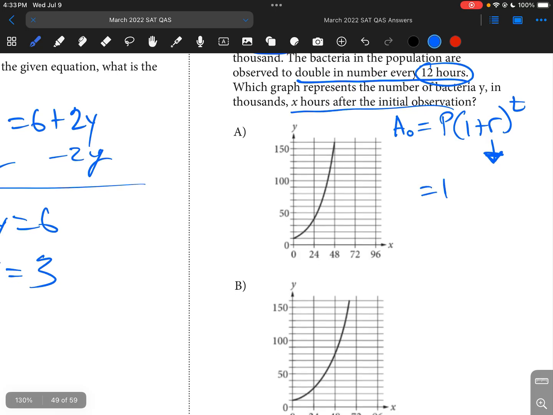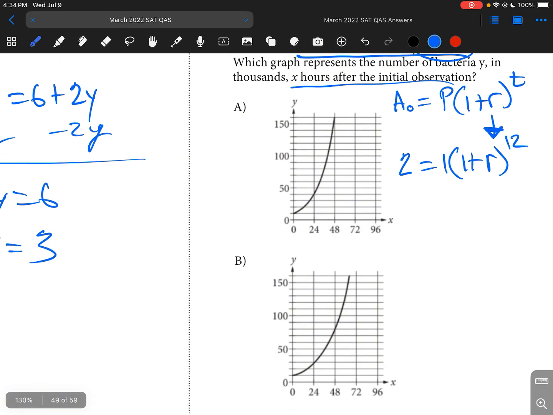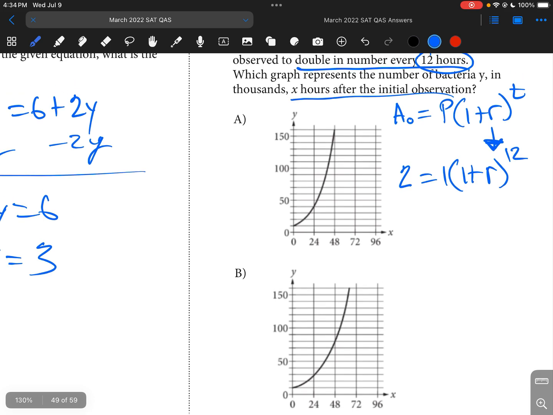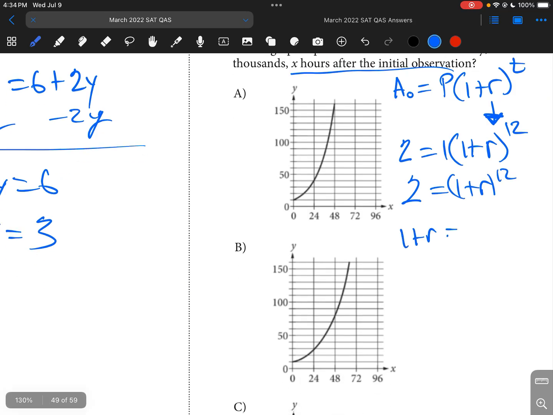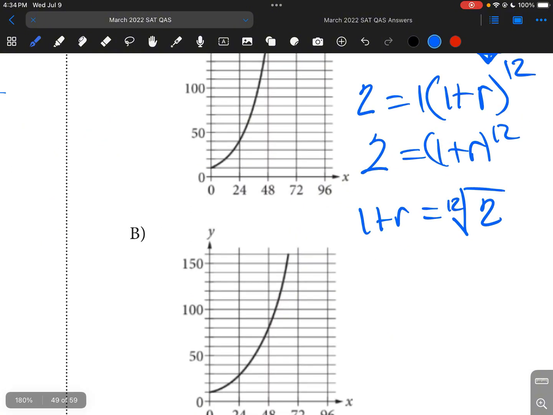then you know that it doubles every 12 hours. So you're going to end up with 2, because 1 times 2 is 2. And you can plug in 12 hours, because you know it doubles every 12, and you can solve for r. So you get 2 is equal to 1 plus r to the 12th power. 1 plus r is this right here.